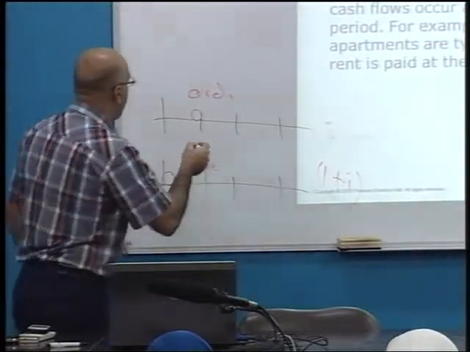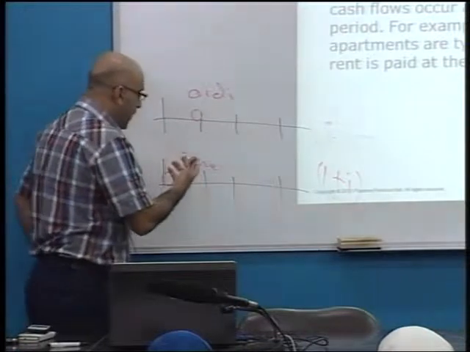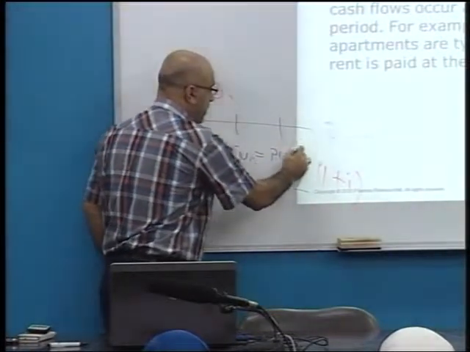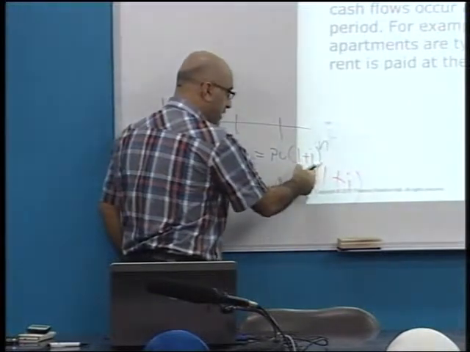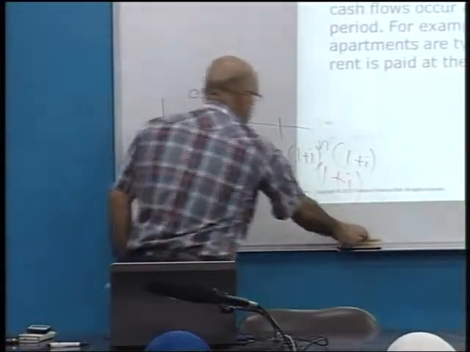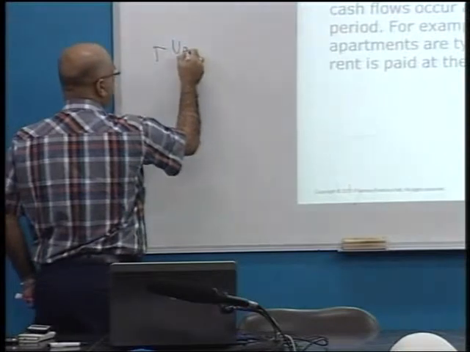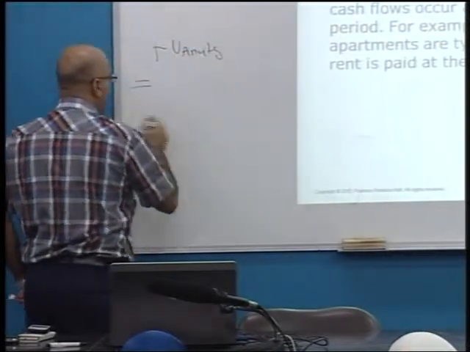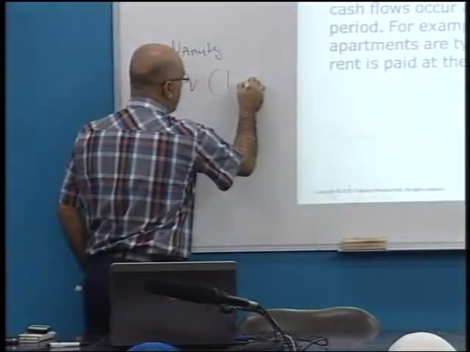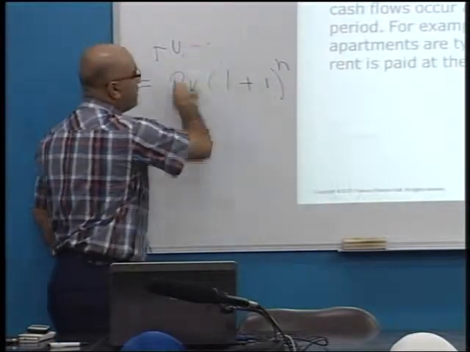For instance, if you have a cash flow stream that is an annuity due and I ask you to calculate the future value, then the future value is equal to the present value times 1 plus I raised to the power n. In addition to this, just multiply the result by 1 plus I. This is the future value in general.